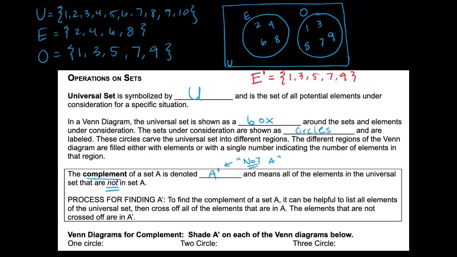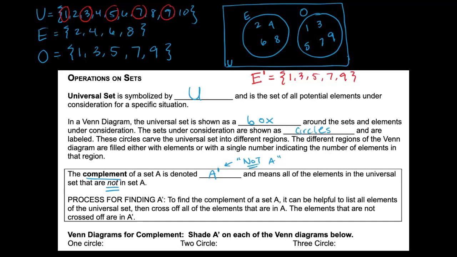Or I could just look at the sets themselves and look at what E is. This is where the universal set comes in handy, because you look at what E has, 2, 4, 6, 8, and then you look at the universal set and ask, what numbers does E not have? Well, E is missing a 1, a 3, a 5, a 7, and a 9, and so that's how I can find the complement.